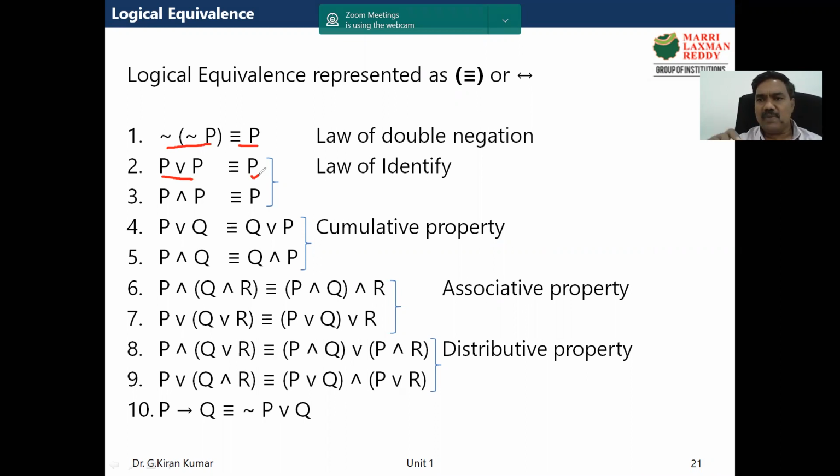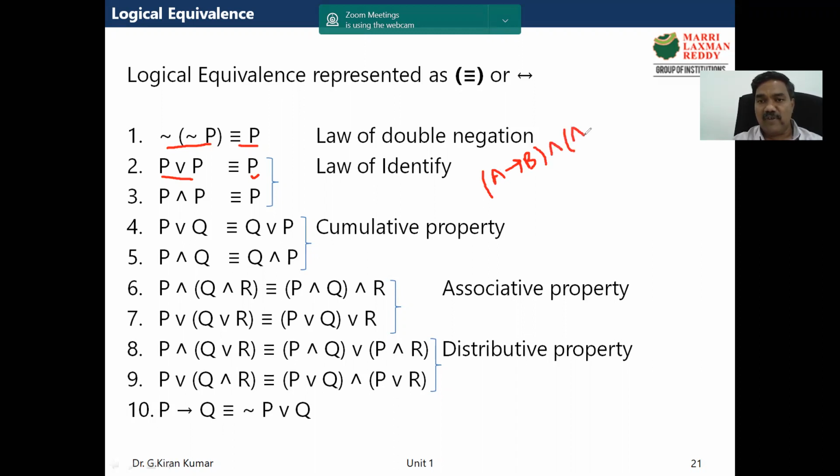So here p could be a simple proposition, or it could be a propositional function also. So p may be an expression something like a implies b. Let's say you have an expression where at some point you have a implies b and a implies b.